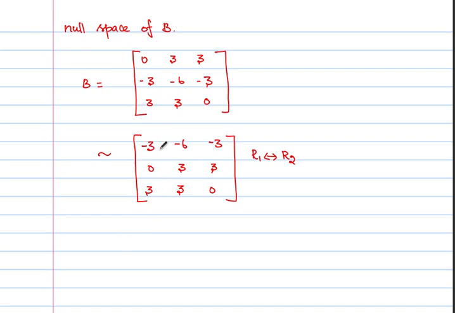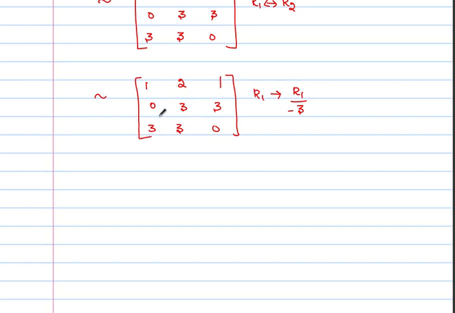Now I fix it. The pivot position should always become 1, so I will divide by minus 3, so the first row becomes 1, 2, 1. That is, R1 becomes R1 divided by minus 3.